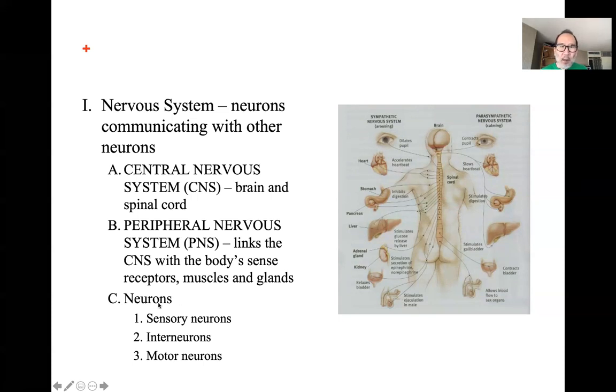Among the neurons, I didn't mention this before, there are three general types: sensory neurons, which pick up information, interneurons, which facilitate communications between the sensory and the motor neurons, and then finally the motor neurons, which send out information.